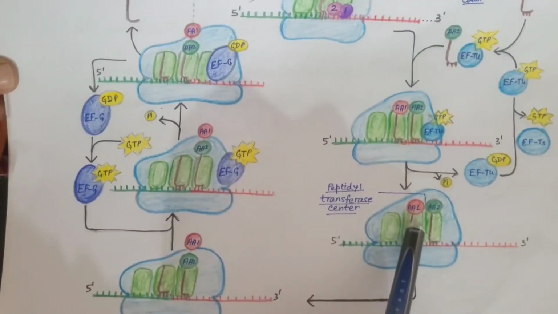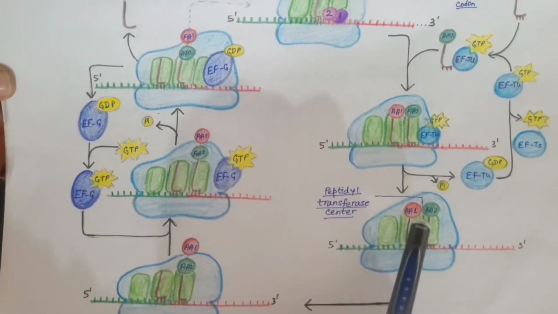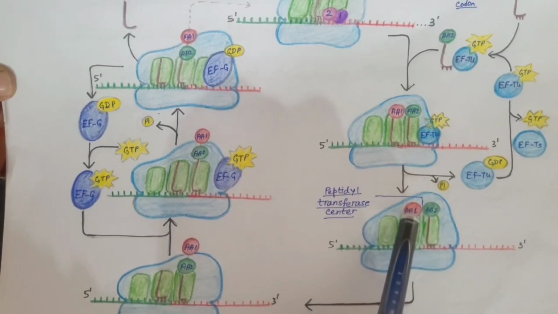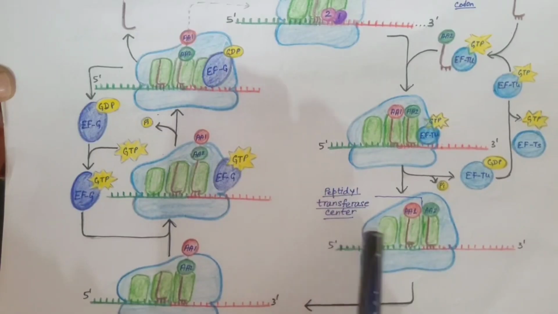So what we see is that the initiating transfer RNA carrying the N-formyl methionine is present at the P site, and the transfer RNA carrying the second amino acid is present at the A site. Then the peptide bond is formed between these two amino acids. This formation of peptide bond is catalyzed by the peptidyl transferase enzyme.